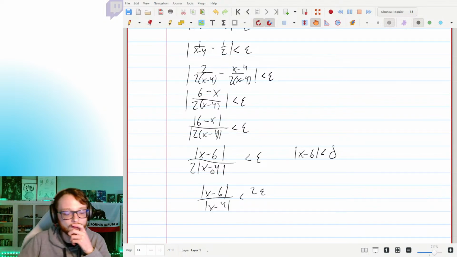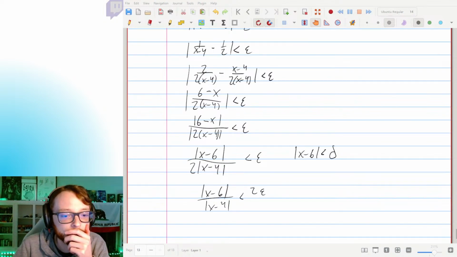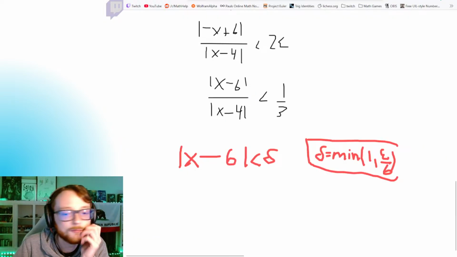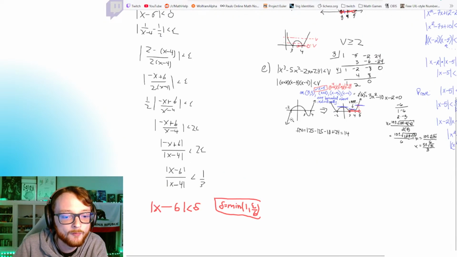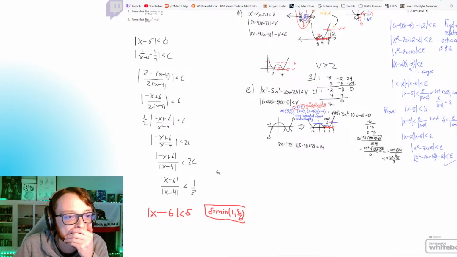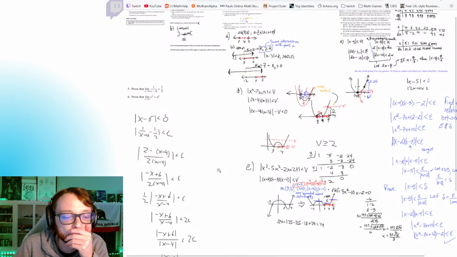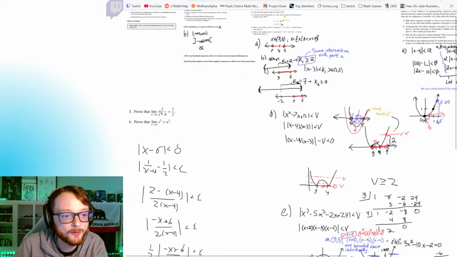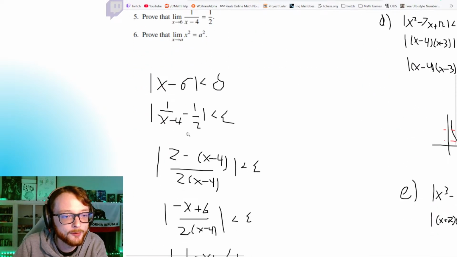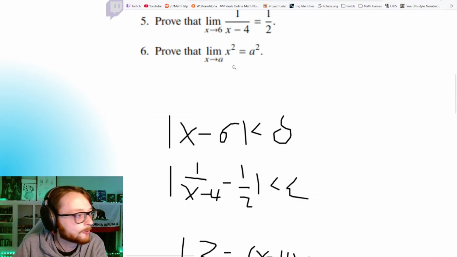Should I have chosen an easier function? I remember trying the second one for this one that I was going to do, or I remember trying this one and I couldn't figure that one out either.